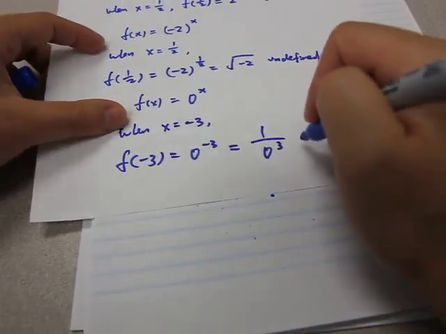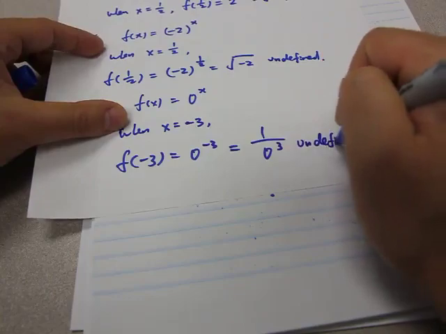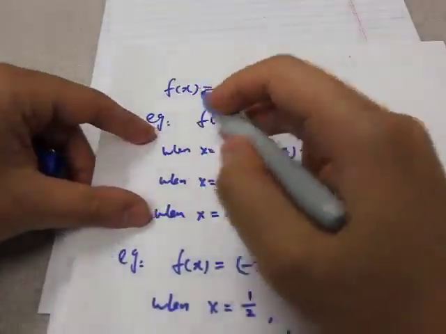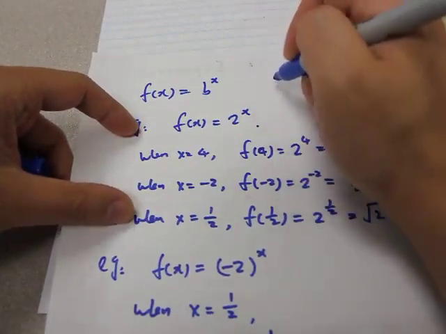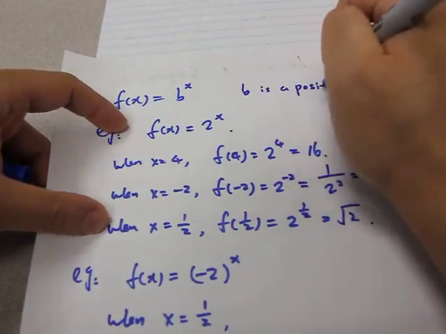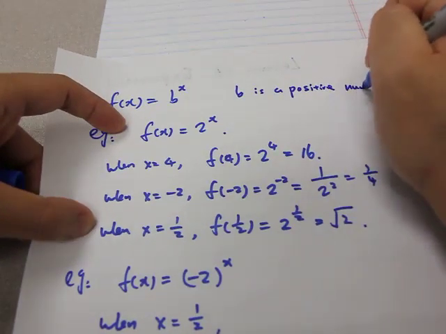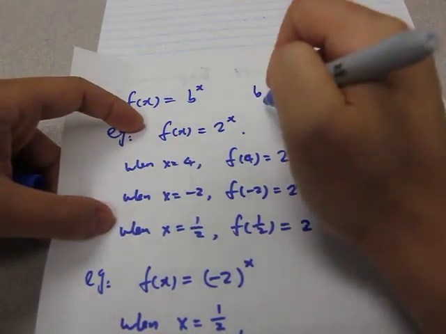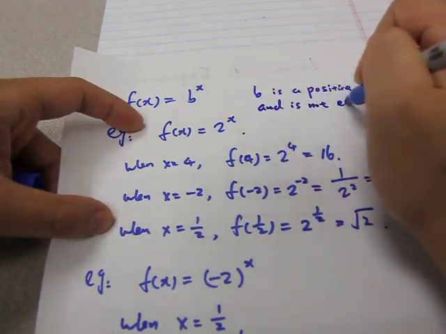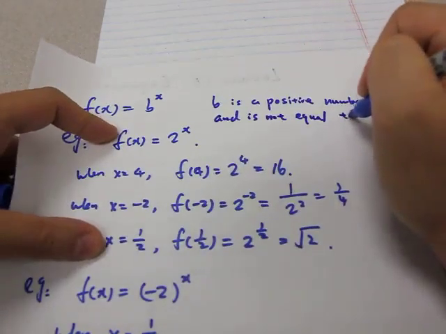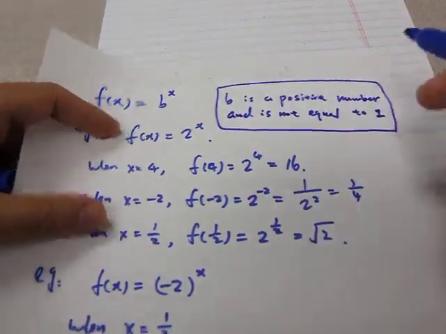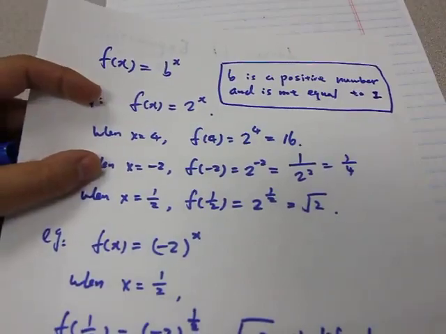And again, this is undefined. So for the exponential function, b has to be a positive number, and this positive number is not equal to 1. Okay, now this is very important. Okay, this is very important.